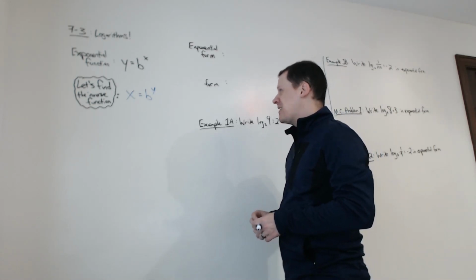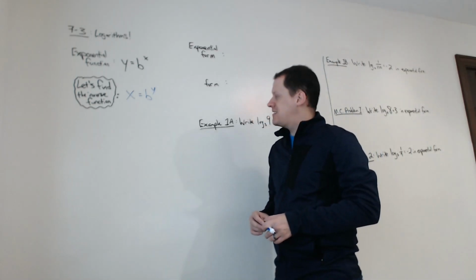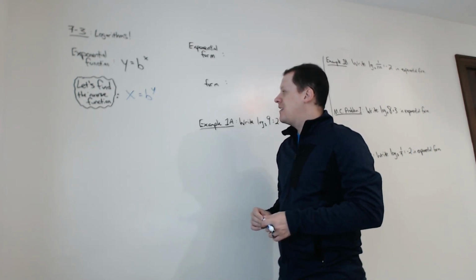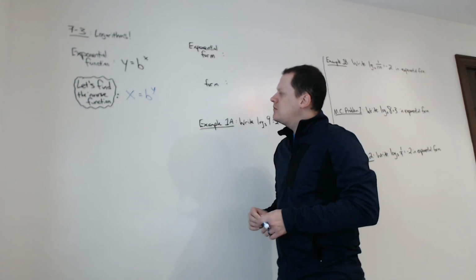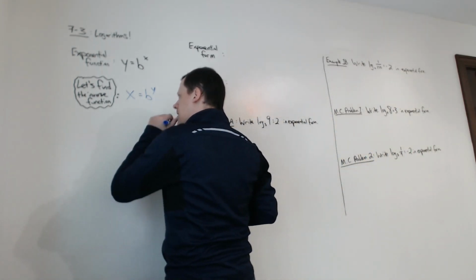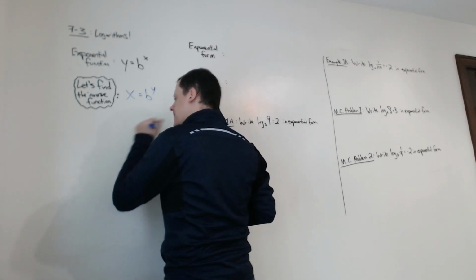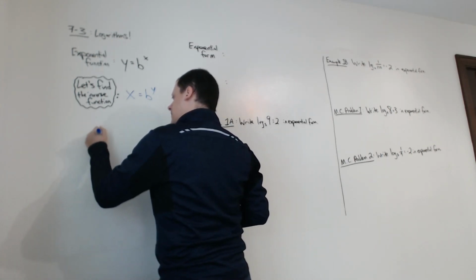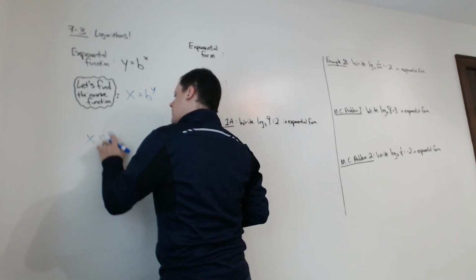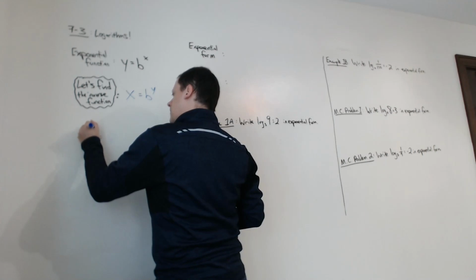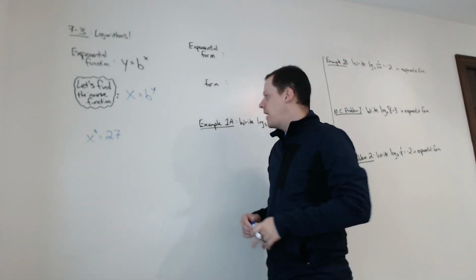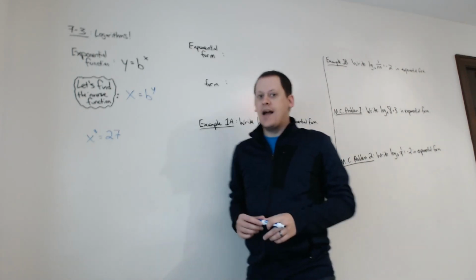Some people might think dividing by y on both sides, but that's not going to get rid of that y. So, if you've got something like x to the third power equals 27, how do you get the x by itself?